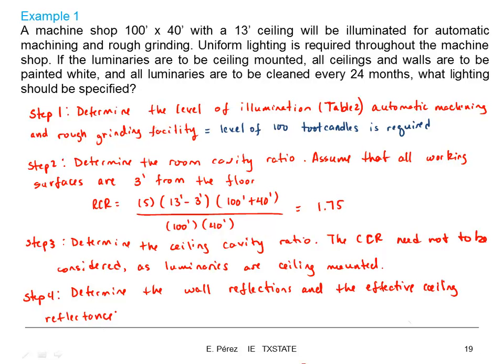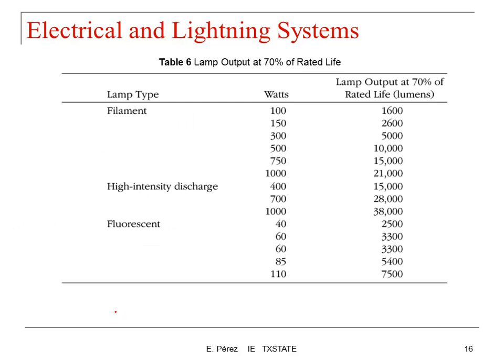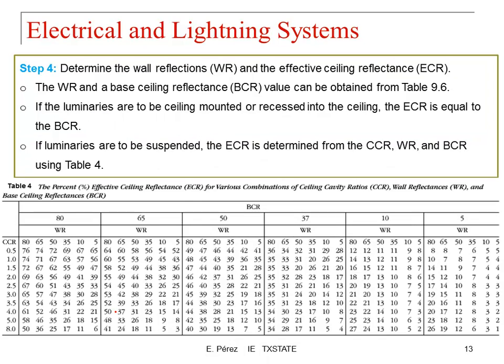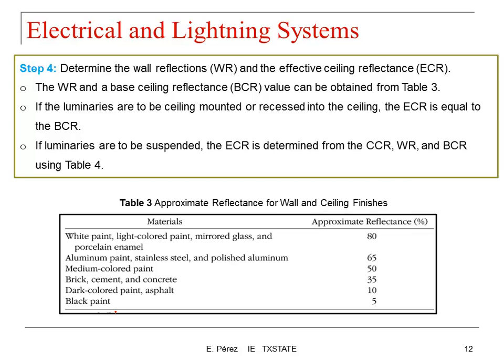For that we need to refer to table 3. And we're going to look at a facility with white paint, light color paint. Specifically, we have white paint in our description, so the approximate reflections will be 80%.